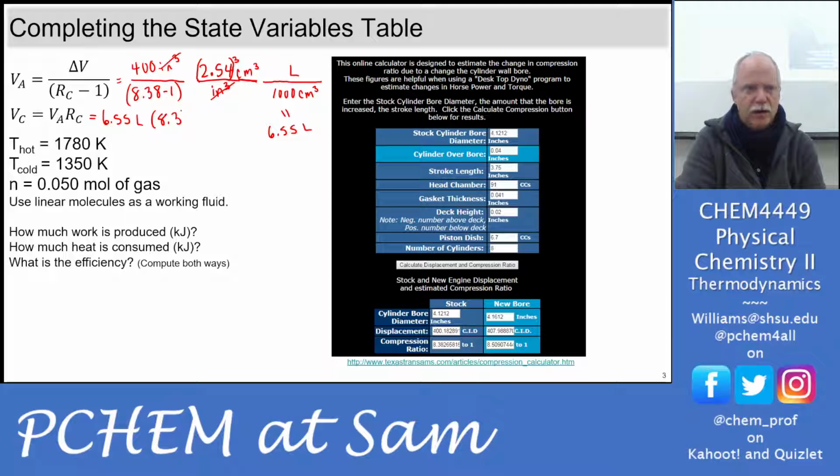Oh wait, I didn't do the RC minus 1 part. I just did the top one. Oh, okay, good. Yeah, I was wondering, that seemed pretty high. Sorry, I just did the top part. That's fine. That was the volume of the displacement. So what was it? 0.888 liters.